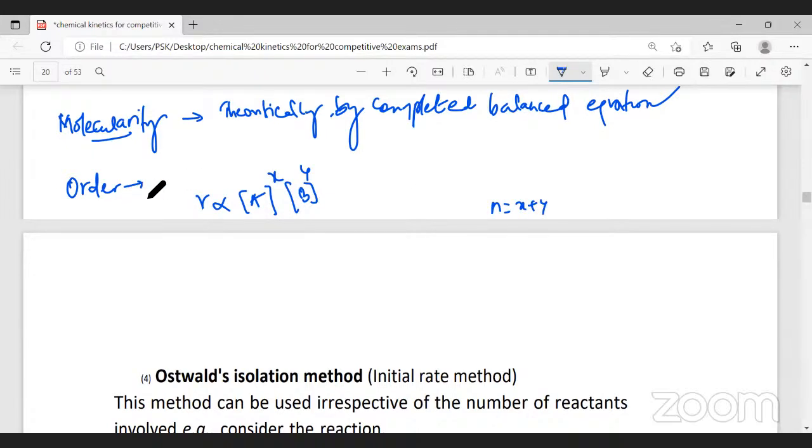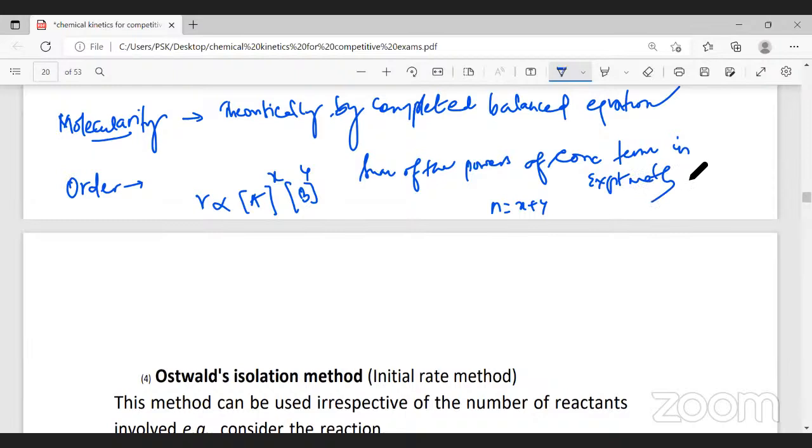Order is defined as the sum of the powers of concentration terms in the experimentally determined rate equation. So this rate equation I've written is not based on the law of mass action. This is the rate equation which we are determining experimentally.